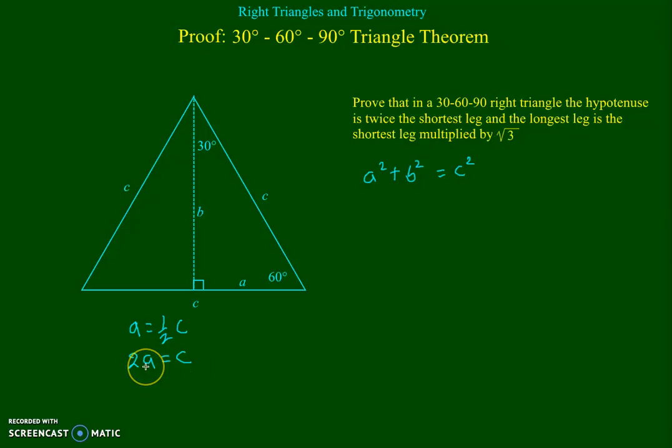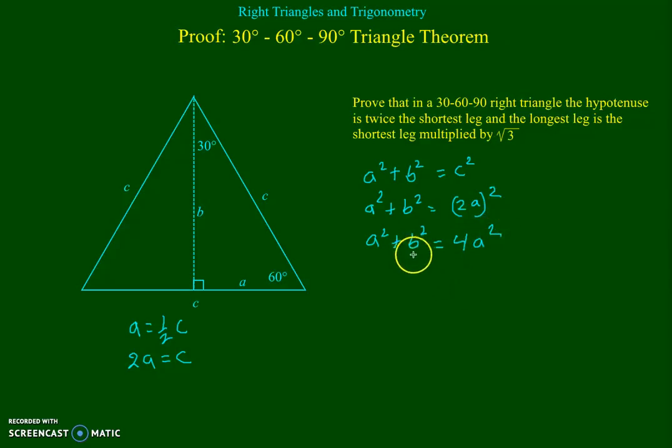So C is equal to 2A, so I'm going to make that substitution here. So we know that A squared plus B squared equals 2A, replacing C, squared.